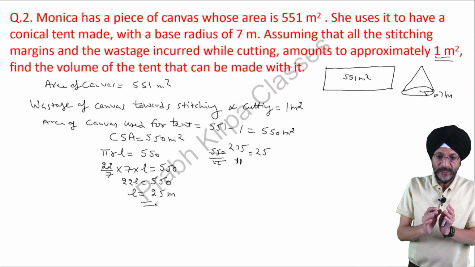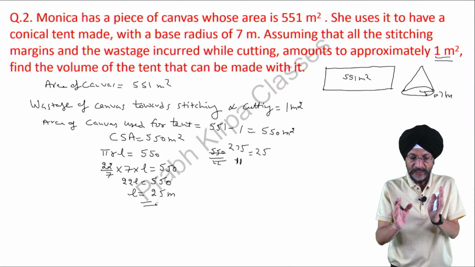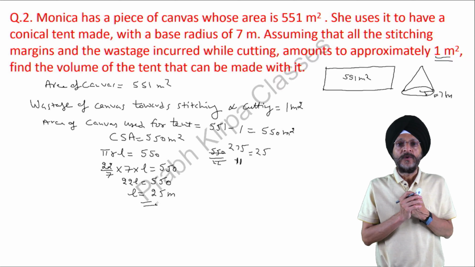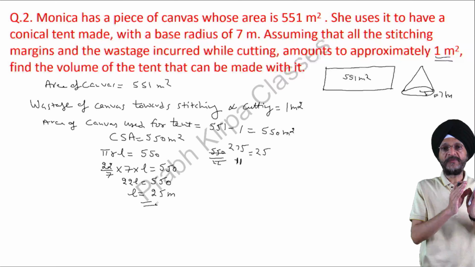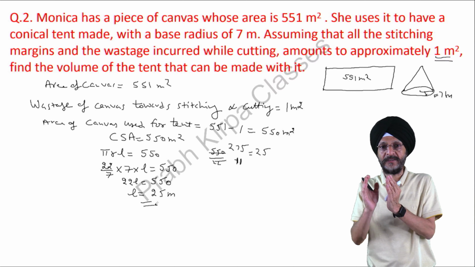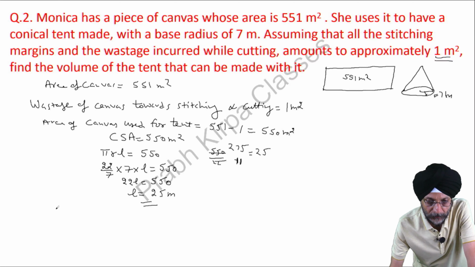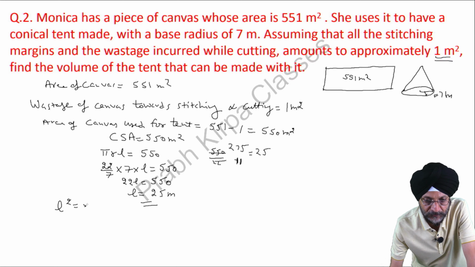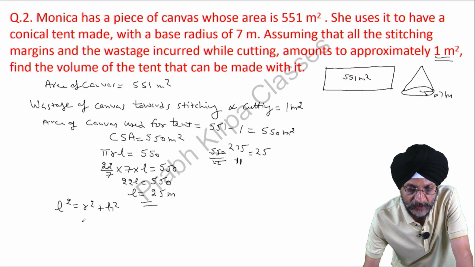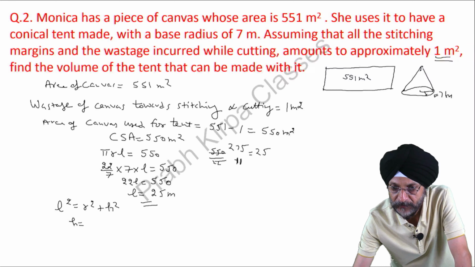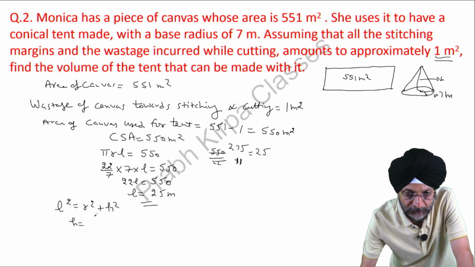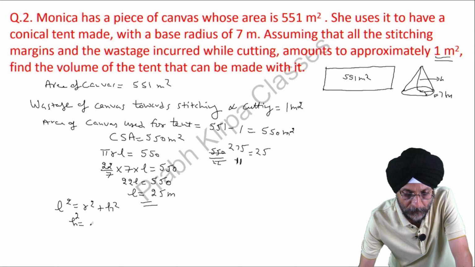So now we have before us the value of R as well as the value of L. We know that there is a relationship between slant height, radius and height, and that is shown by the formula L square is equal to R square plus H square. Now we can find out the value of height, that is this one. H square is equal to L square minus R square.